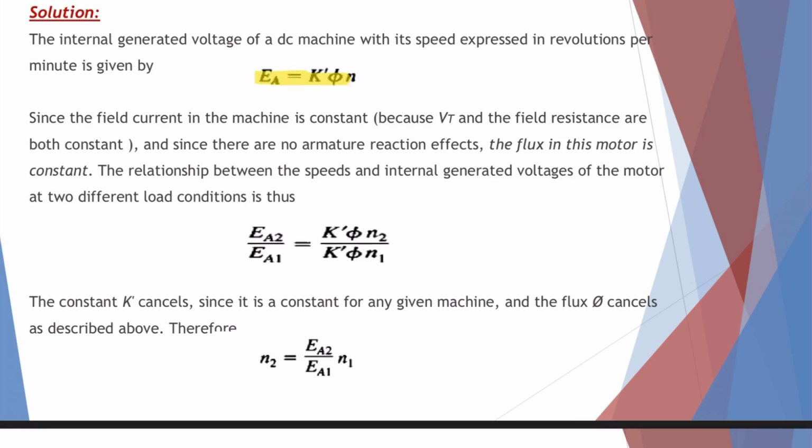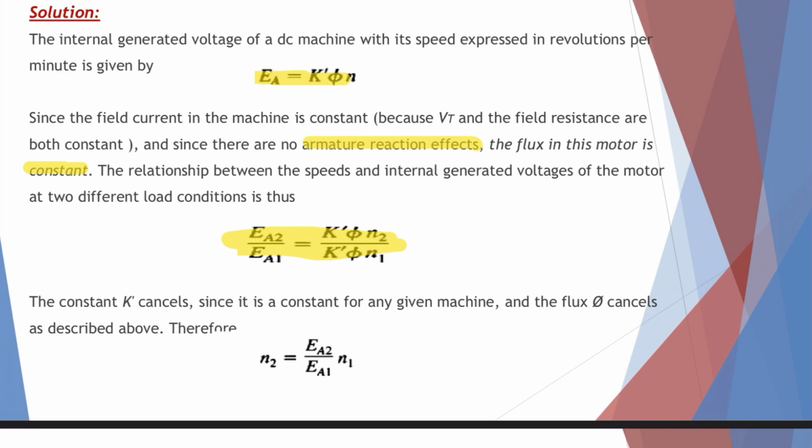Since the field current in the machine is constant, because Vt and the field resistance are both constant, and since there are no armature reaction effects, the flux in this motor will be constant. The relationship between the speeds and internal generated voltages of the motor at two different load conditions is thus this equation.